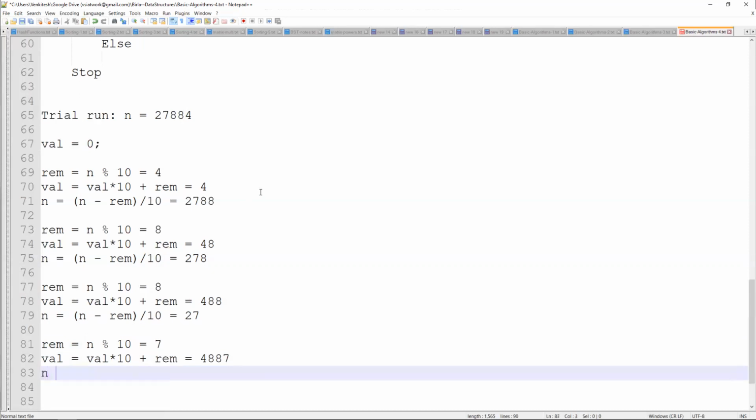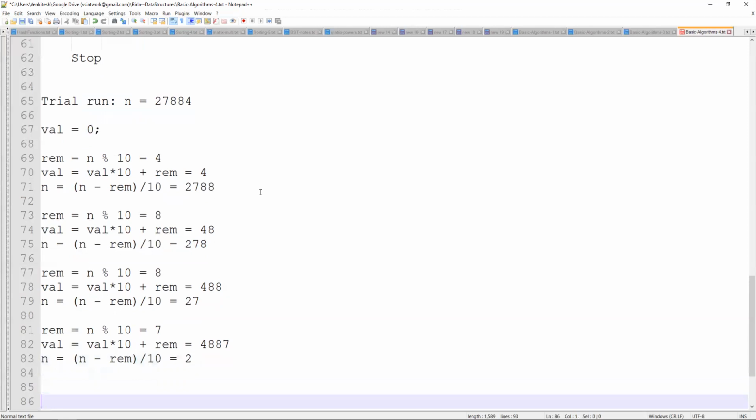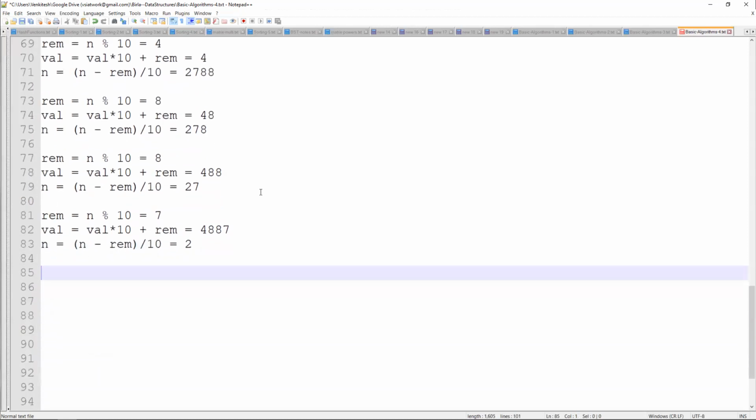Okay. And then n is equal to (n minus rem) by 10, which is equal to, throw out another last digit, which is 2. Right? So we are nearing the end because now n has become a single digit number. So now rem is equal to n mod 10, which is equal to 2.